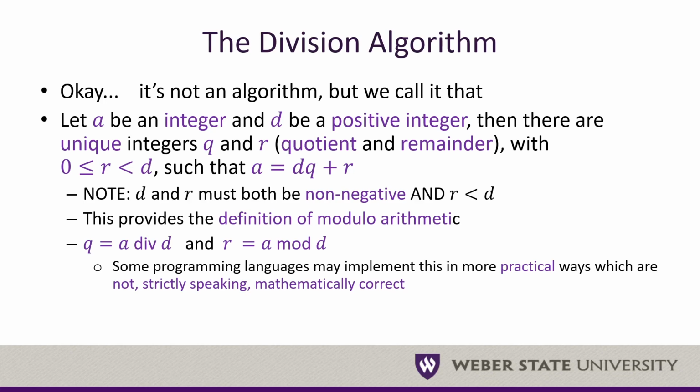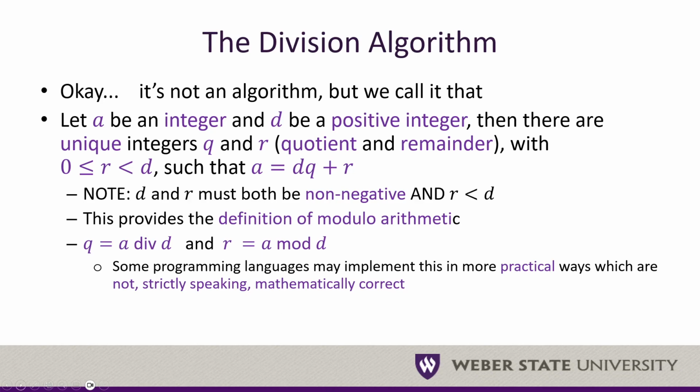But if I use negative 4, then R is going to be a positive remainder. How do I get from negative 44 to negative 43? I add 1.